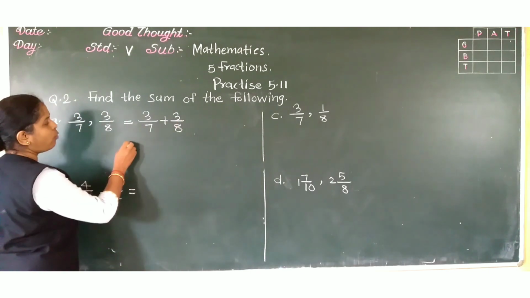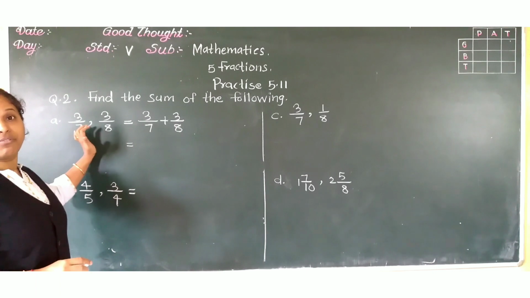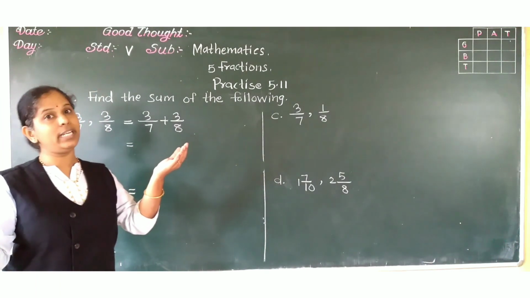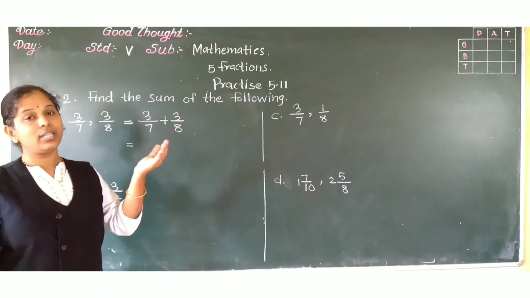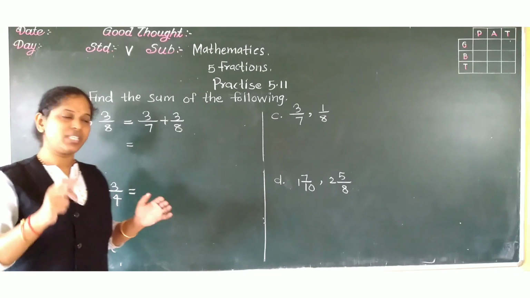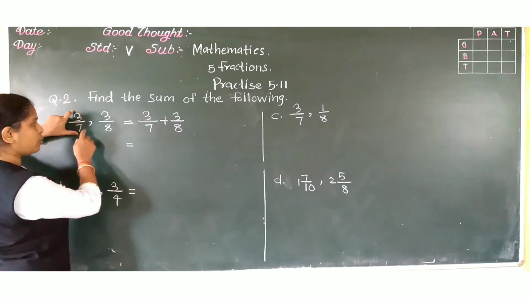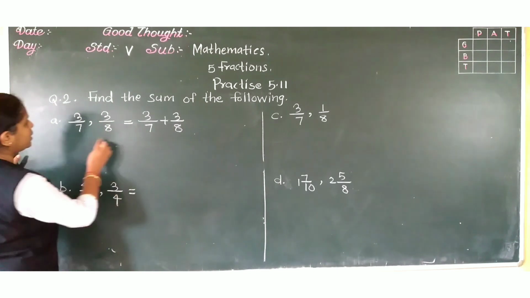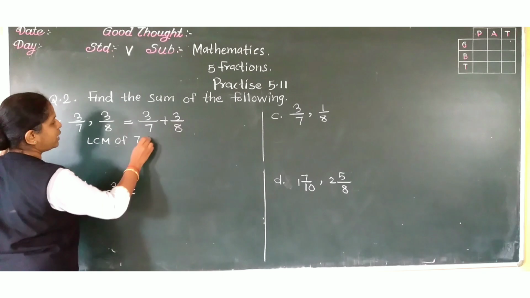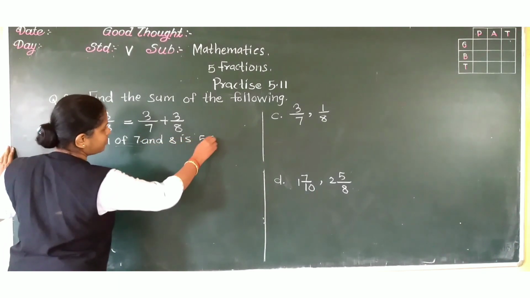Got it? Then what we will do? What is the LCM of 7 and 8? Which number comes in 7's table also and in 8's table also. Yes, that is 7 8s are 56, 8 7s are 56. So this we have to multiply by 8 to get 56. See, LCM of 7 and 8 is 56.